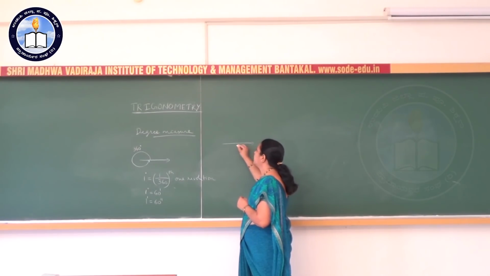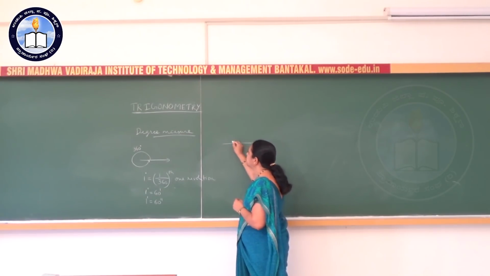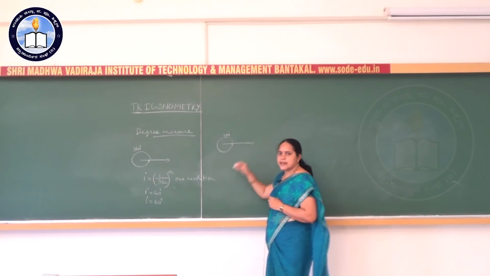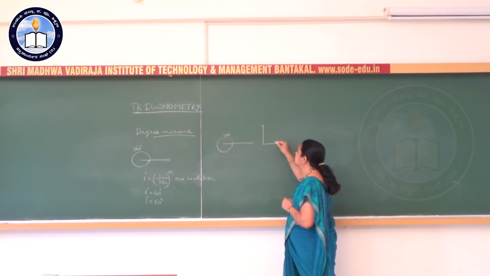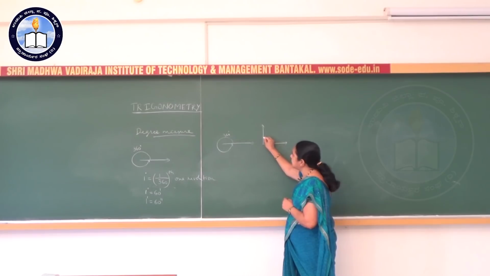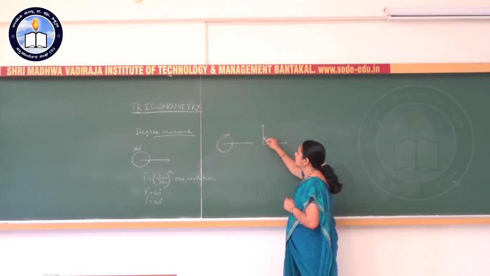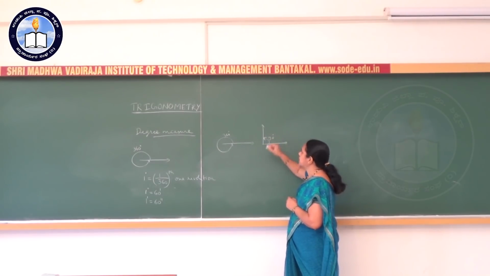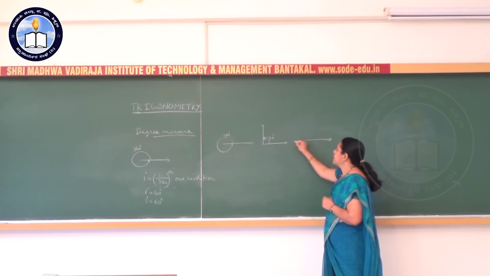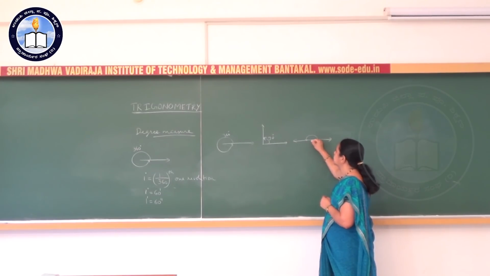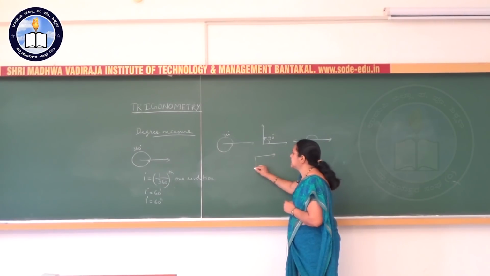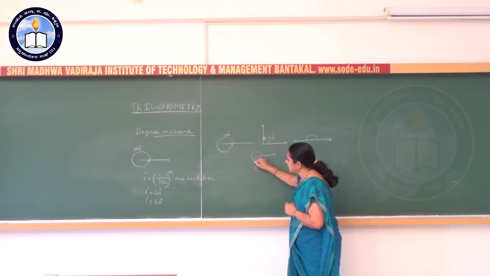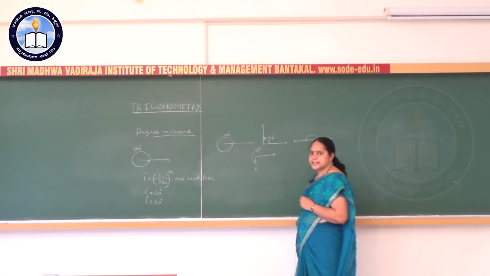Now, if this is the initial side and the terminal side coincides, it is 360 degrees. If the direction of rotation is anti-clockwise, then the angle is positive: 90 degrees, straight angle 180 degrees, 270 degrees.